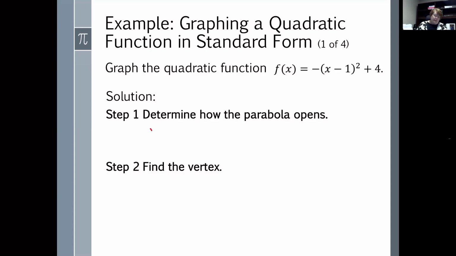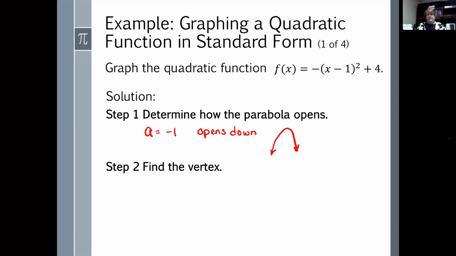As a matter of fact, a is equal to negative 1. Since a is negative, that means the parabola opens down. So it's going to look like this.